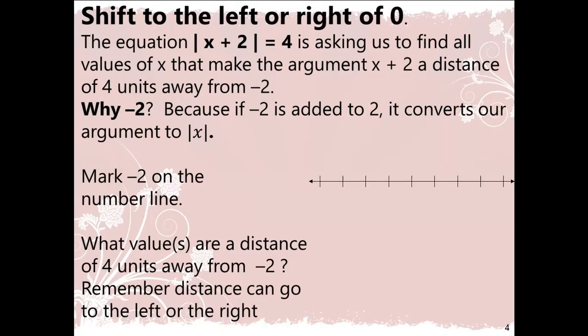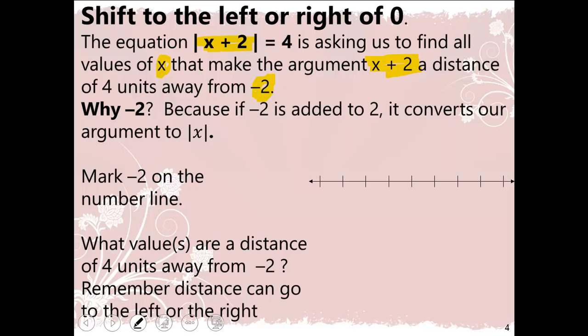Okay. All right, so what happens if we don't have 0 as our centering number? What happens if we have an argument like x plus 2? Well, what it's asking us to do is find the values of x that make the argument x plus 2 a distance of 4 units away from not 0, but -2. So why do you suppose it's -2?